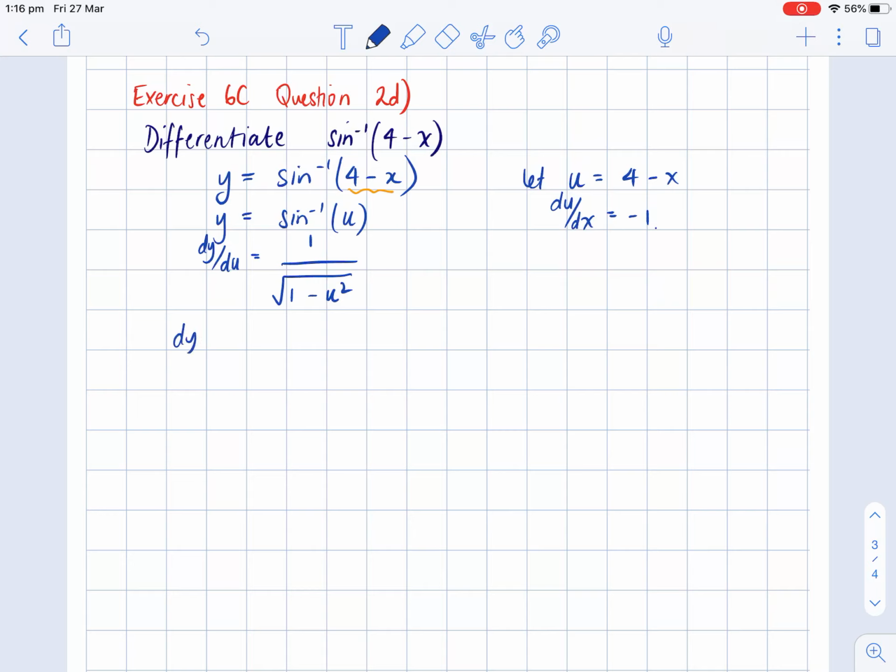To find out dy dx, I use the chain rule and put those two parts together. So it's dy du times du dx, because essentially these two parts will cancel each other out.